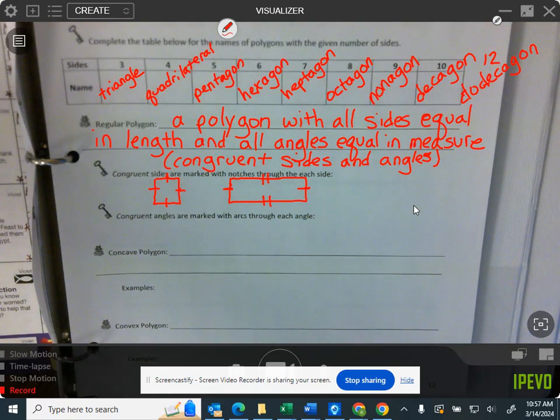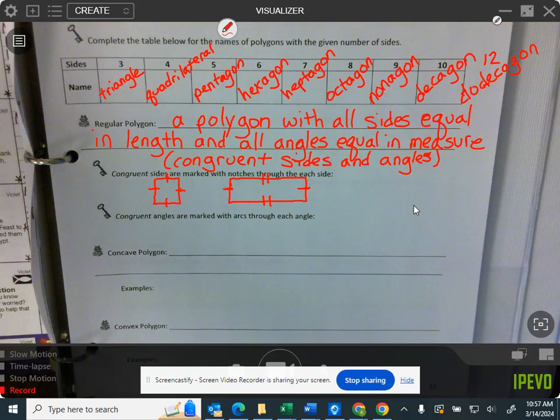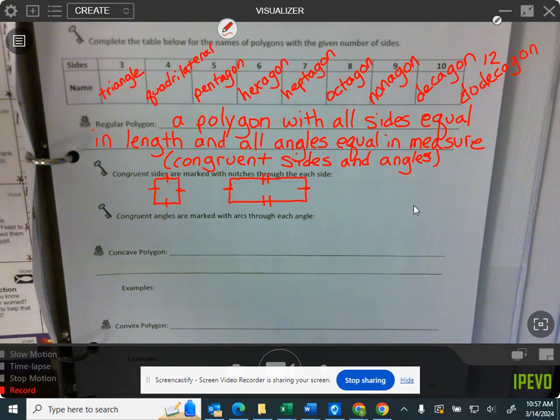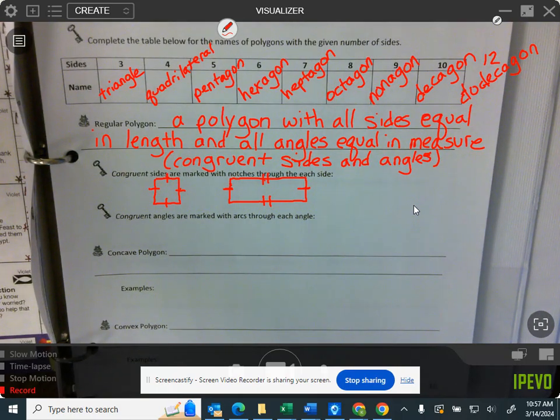So the ones are the same, the two notches are the same. So you have to count notches, match up the notches. Two notches is not the same as one notch, so they are not equal measures. They are not congruent. Does that make sense? So that square, all four sides are the same measurement, so they all just have one notch on them.